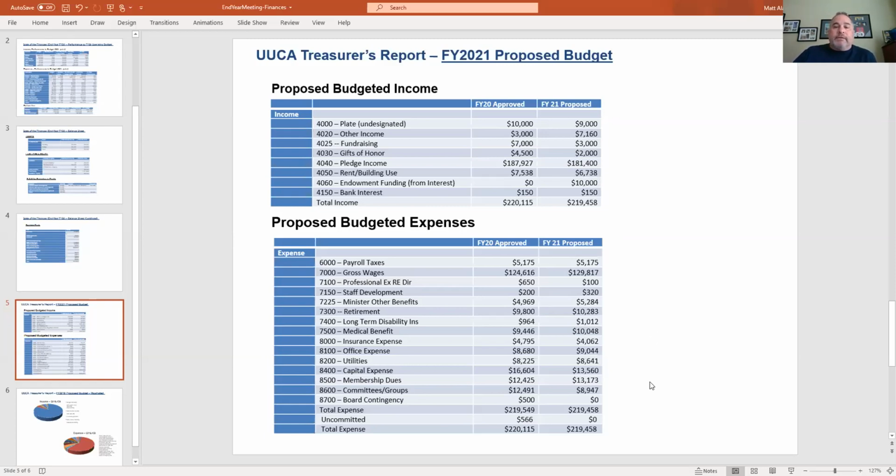Now, when you get down to expenses, there are some increases in the compensation side, but there are no raises for any member. The only reason we have an increase is last year the minister was from August through June, 11 months. Now we'll have the minister for 12 months. So that's now reflected in the numbers.